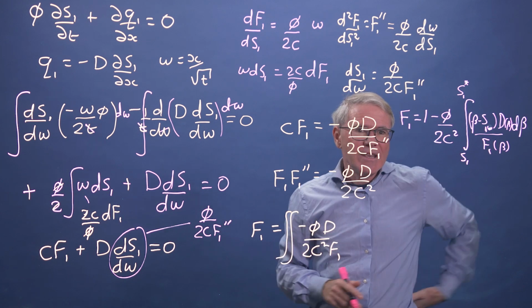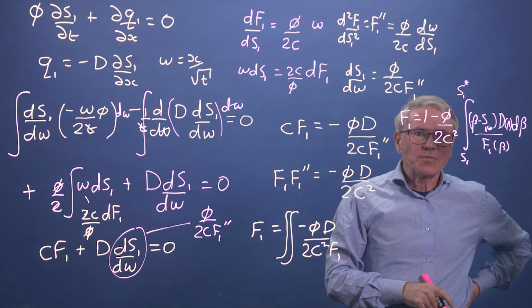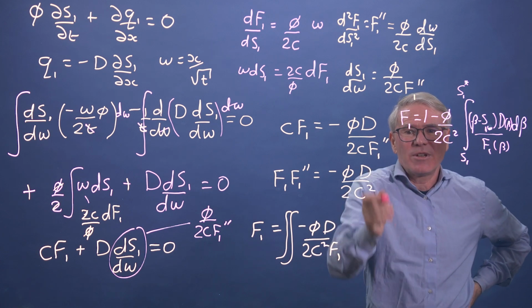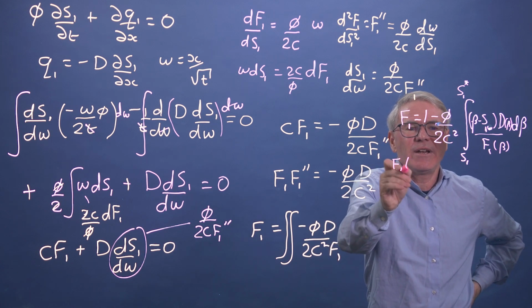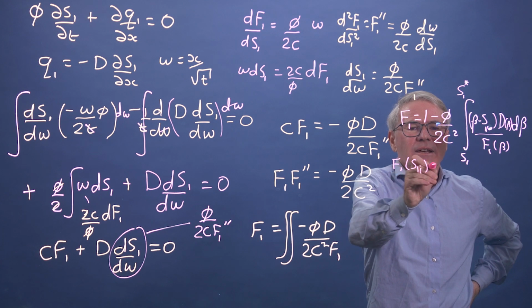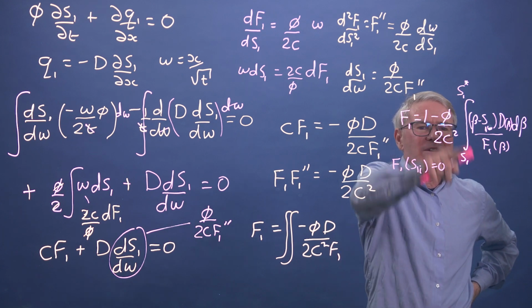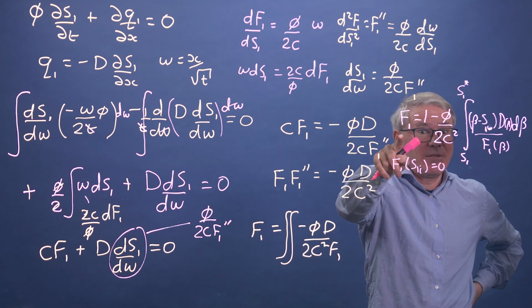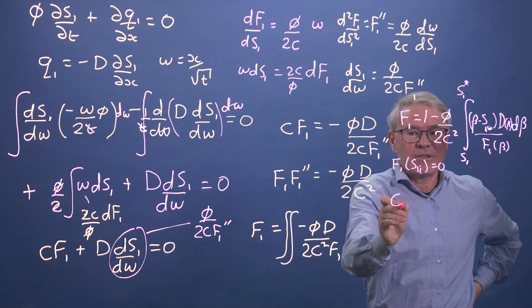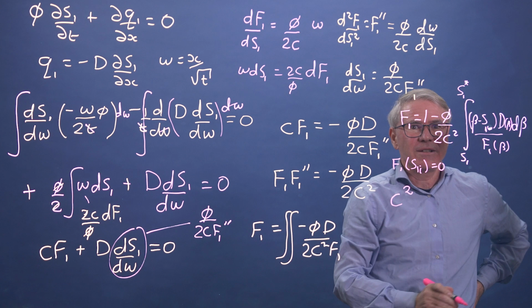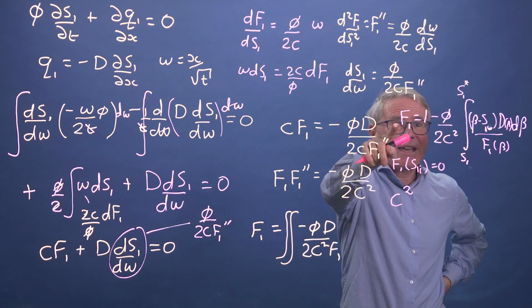But it does work. The other thing you need to know is C, right? And actually we have a boundary condition. We know that F1 at S1i is 0. So if we integrate to S1i, this is 0. So this actually allows us to find C squared, okay, because it's 0 here.